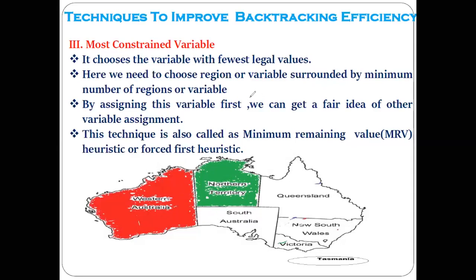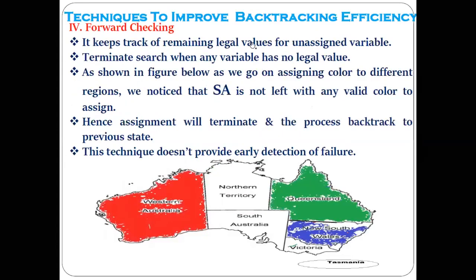And in the most constrained, the one surrounded by the minimum number of variables. Understood the third technique? Yes, sir. Okay. See the next one, forward checking.